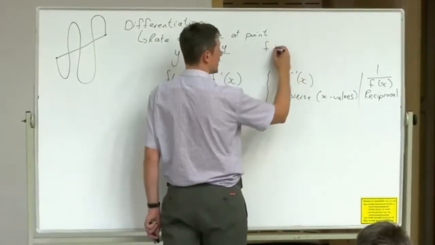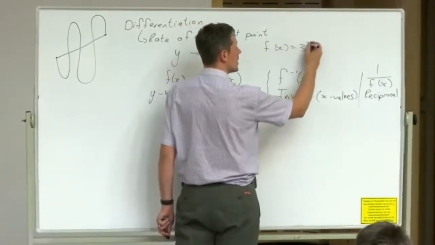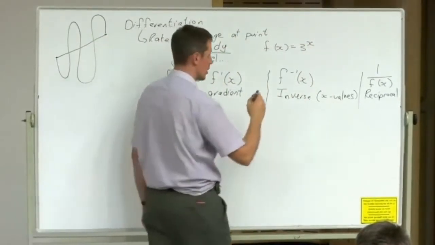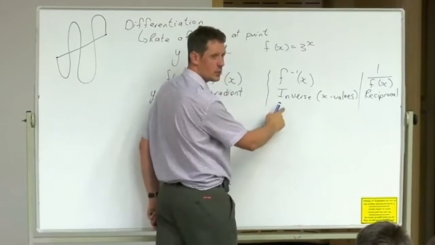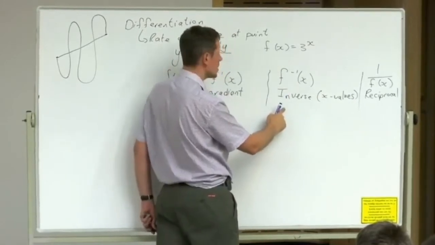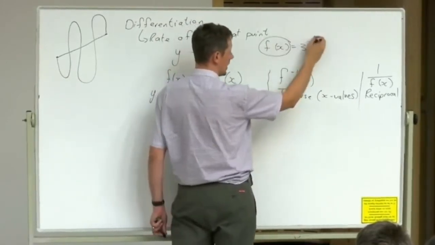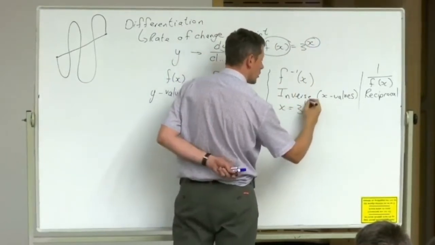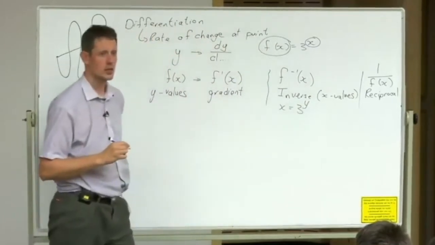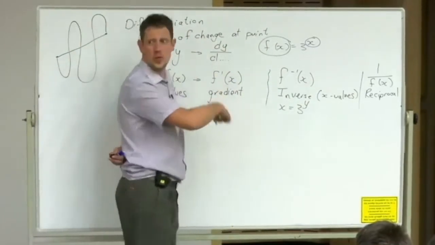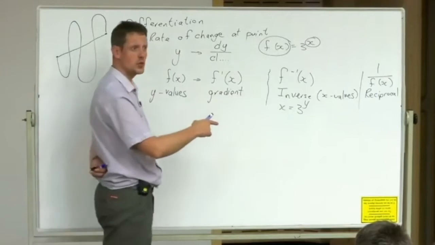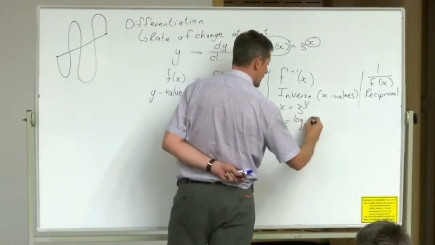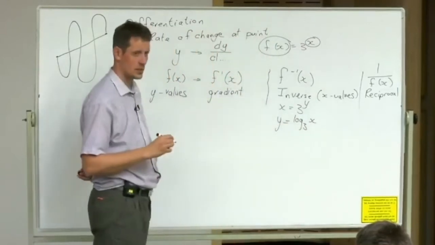Let's say I give you f of x being 3 to the power of x. What is f to the negative 1? I swap y and x. So I've got x equal to 3 to the y. And if I rewrite this in logarithmic form to get y alone, I have log base 3 of x.